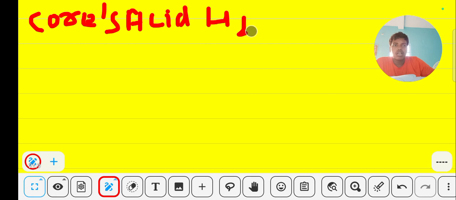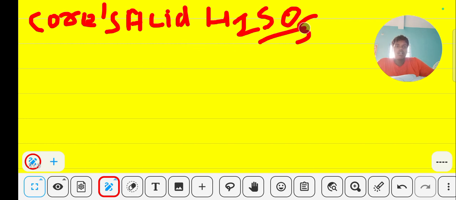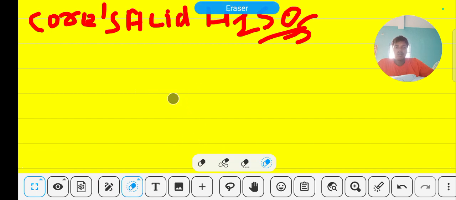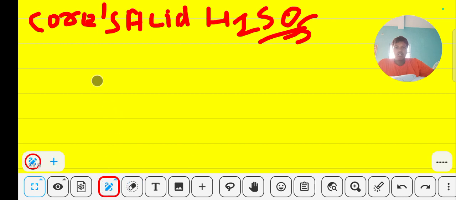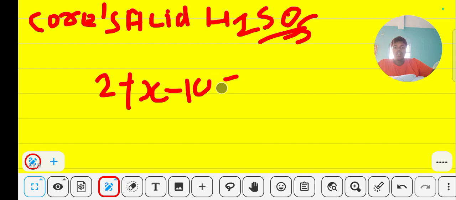For H2SO5, let's calculate with the help of the normal method. We have to calculate sulfur. So plus 2, plus 2, plus x, minus 10 is equal to 0.